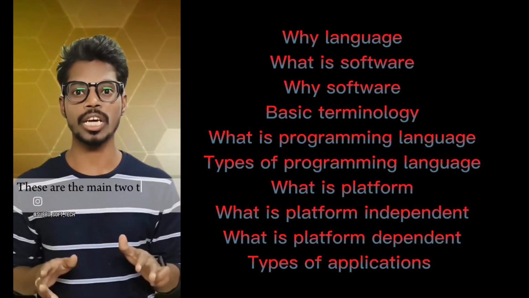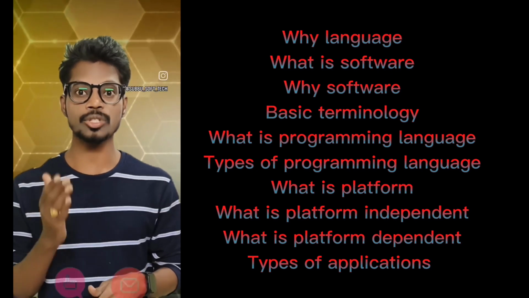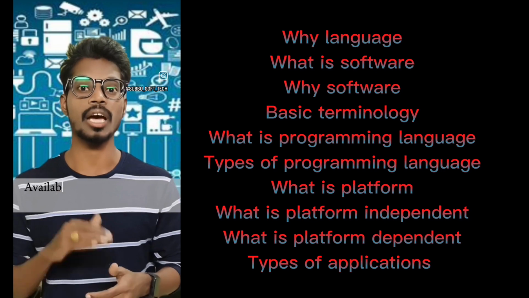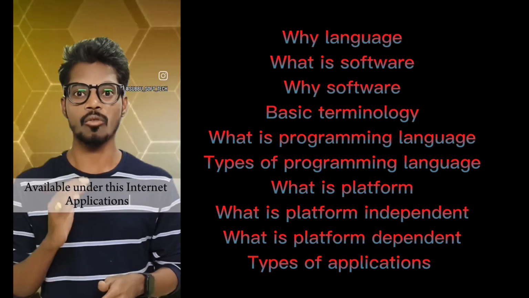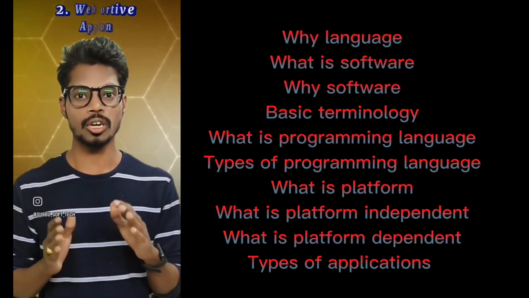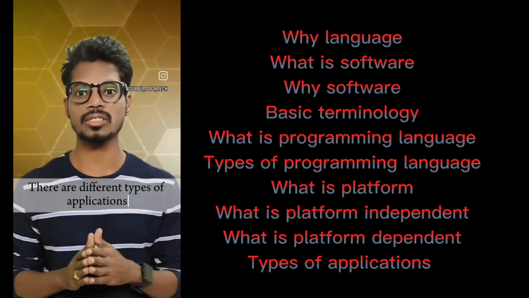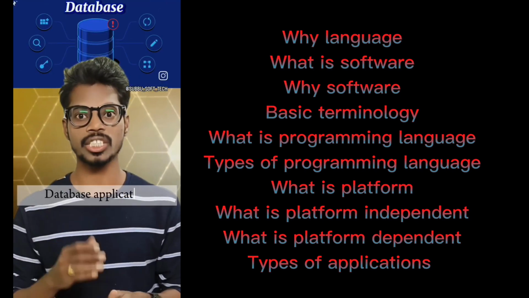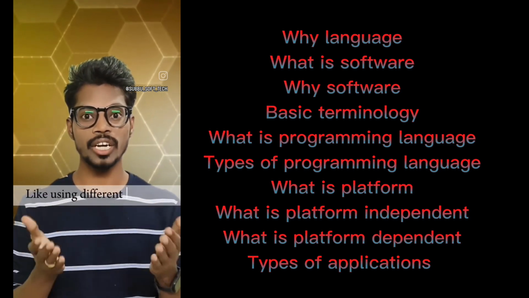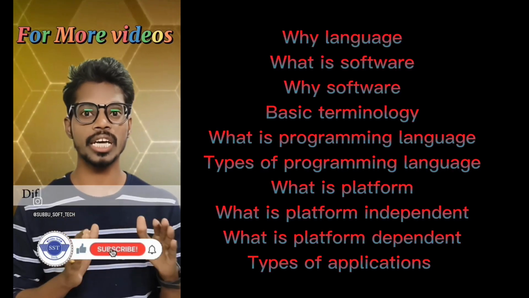Under internet applications, another two types are available: web application and web support application. Not only these, there are different types of applications also available: database application, integrated application, distributed application. Using different domains available in the outside market, we can develop different types of applications.